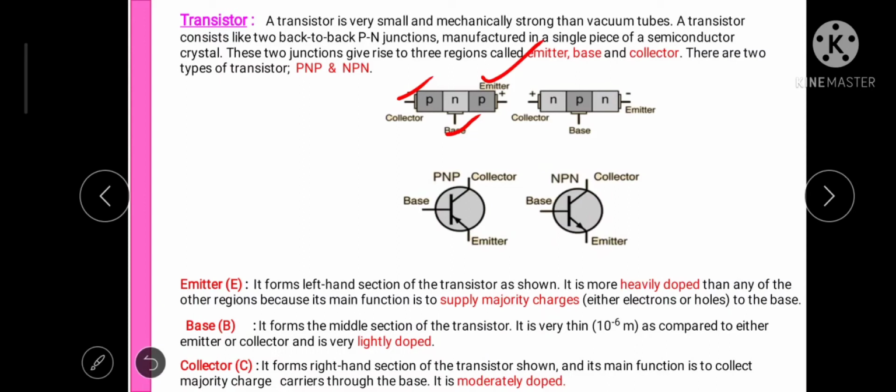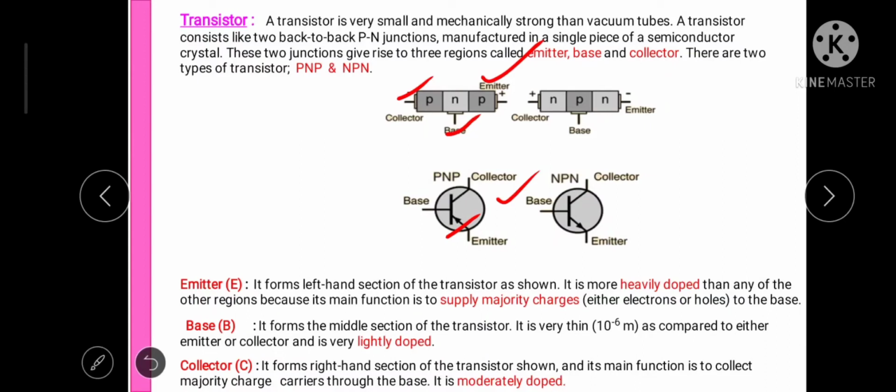As shown in this PNP transistor symbol, the arrow is always shown on the emitter terminal. The arrow direction is always from P side to N side. Here the emitter is P type and the base is N type, so the arrow indicates P to N direction, or emitter to base direction.